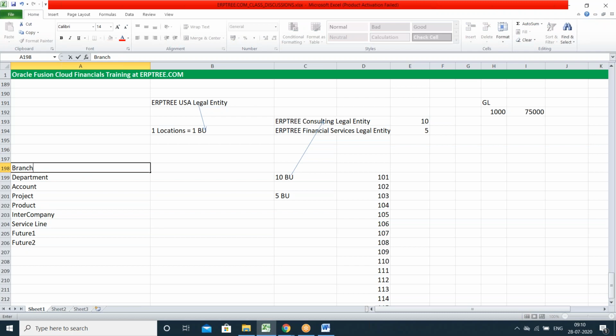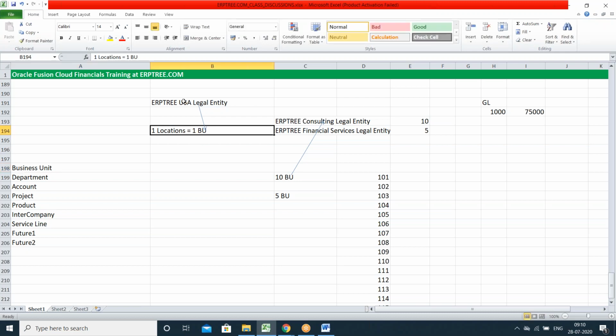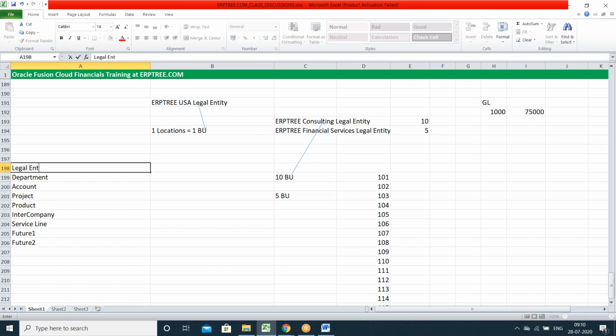Or else the branches will convert into business units, you can take the name as business unit. Number of business units is equal to number of legal entities. Only one branch you have, only one legal entity you have. Here, you can take the segment name as legal entity also.